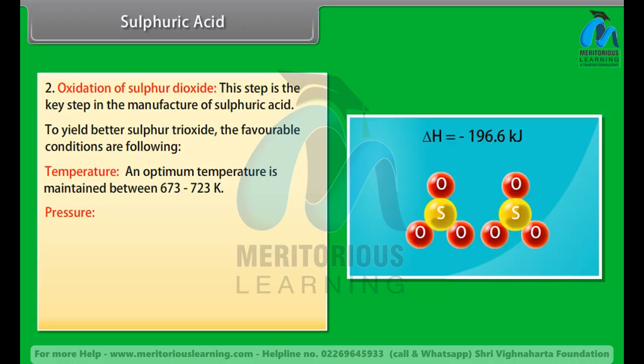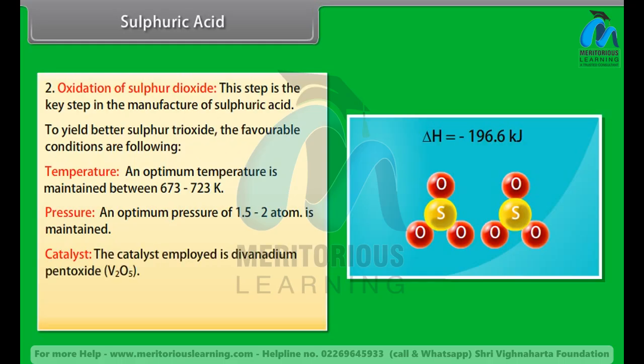Pressure. A high pressure favors the process. An optimum pressure of 1.5 to 2 atm is maintained. Catalyst. At such a low temperature, the reaction is slow. The catalyst employed is divanadium pentoxide, V2O5. Excess of oxygen.